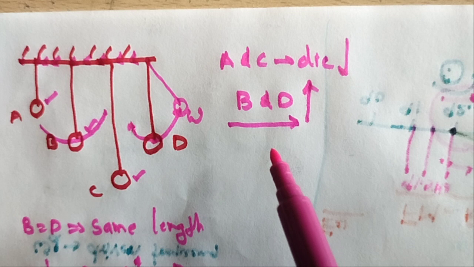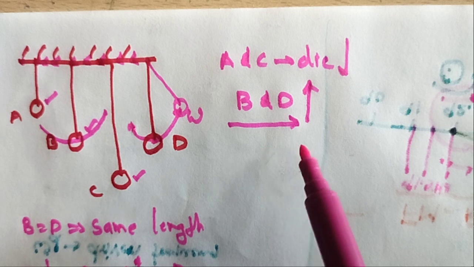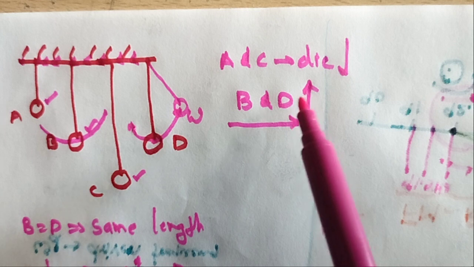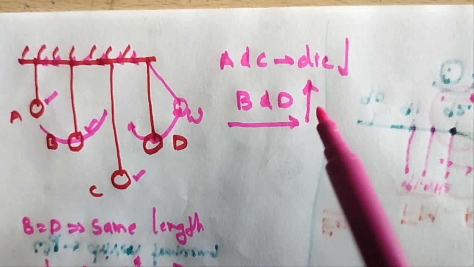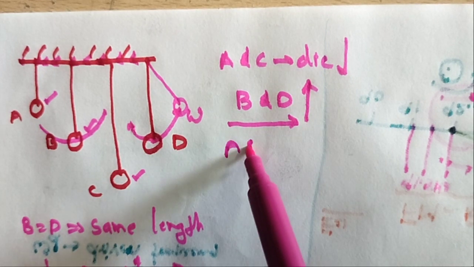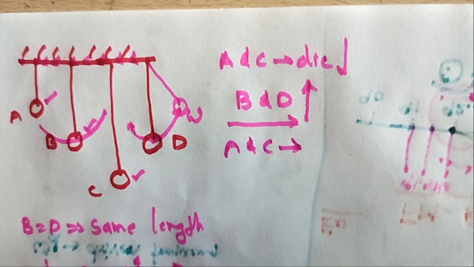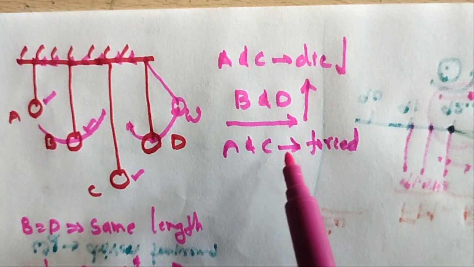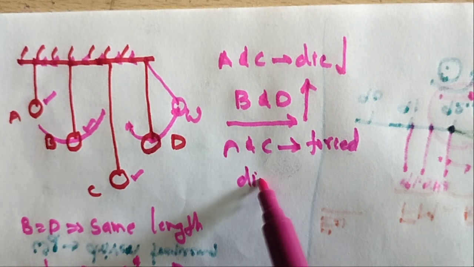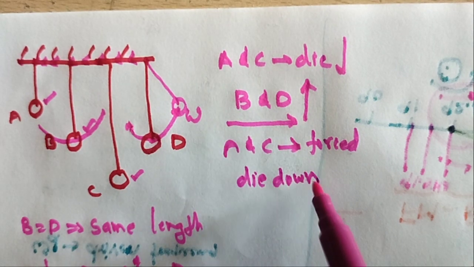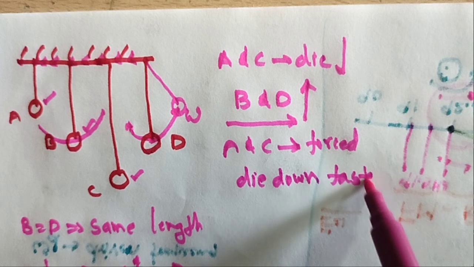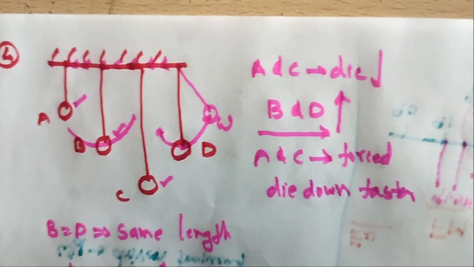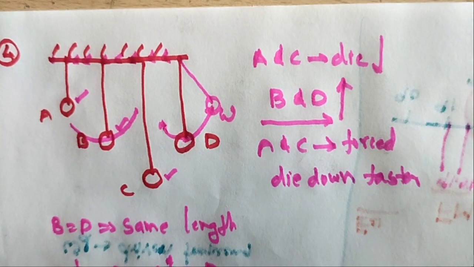Resonance. Due to resonance, B and D oscillate with maximum amplitude, and the oscillations of A and C are forced oscillations, which die down faster. These examples are also resonance.